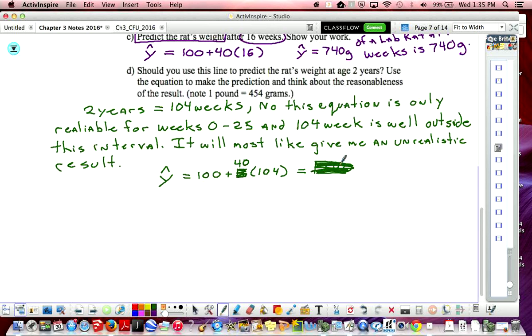Because it was 16 weeks before. Sorry about that. Because this one I was doing 16, but it should be 40. There we go. 4,260 grams. That's like 9 pounds, just above 9 pounds. Okay, which is about 9.38 pounds. That's weird. That is one big lab rat.